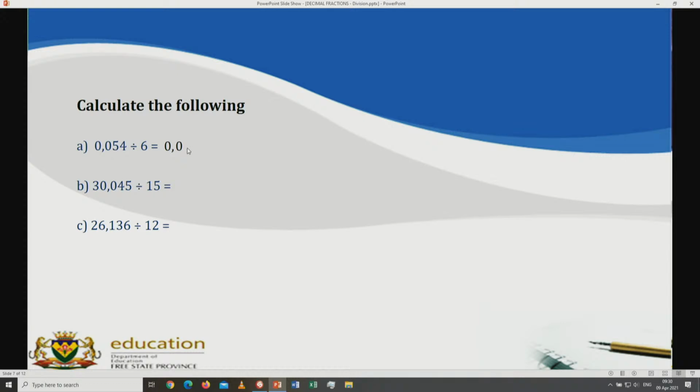Then we are going to have 0 there. And then 6 into 54. 54 what? Thousands. It will only give us 9 thousands. Therefore, we are having 0,009. Is it clear? Good. Let us see now when we have a whole number that has 2 digits.